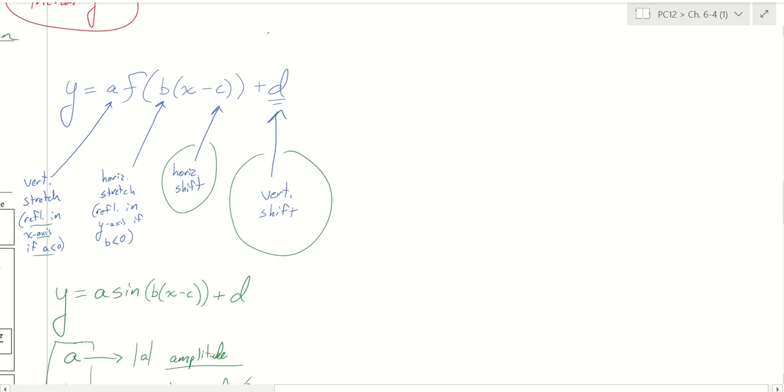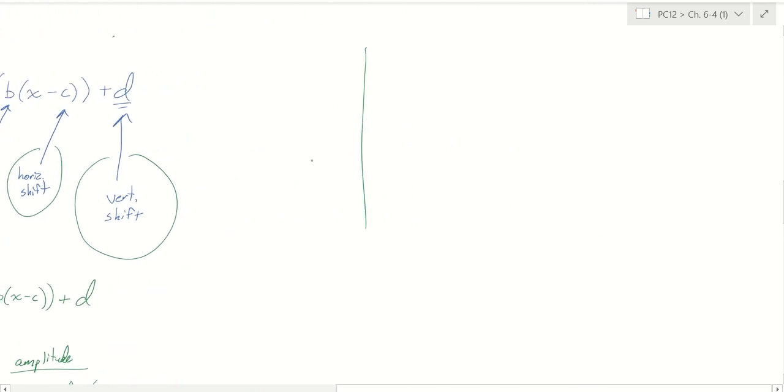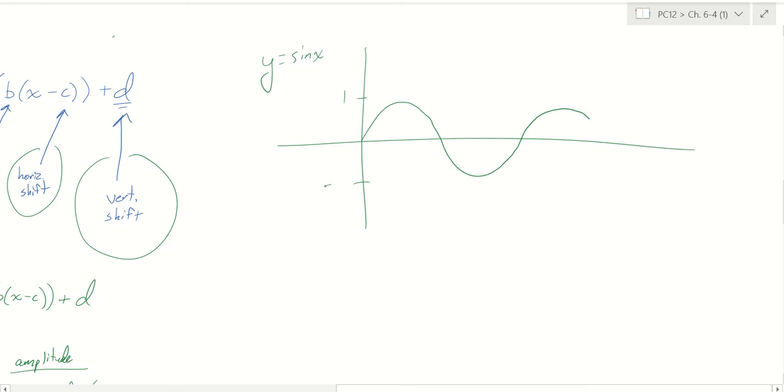So for example, if you look at the graph of a sinusoidal function, cosine, by the way, is also a sinusoidal function. Let's say this is just y equals sine of x. We know the maximum and the minimum are just 1 and negative 1.